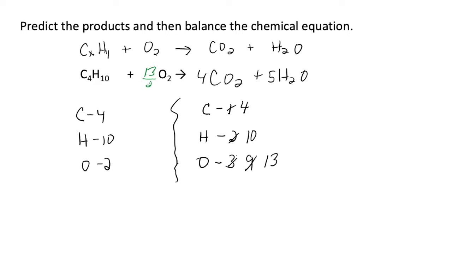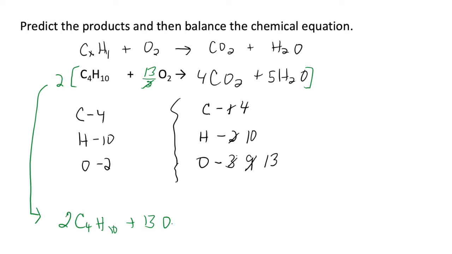Now, the next step to get rid of this fraction will be to multiply everything out by the denominator, which is 2. And I'm just going to write this new one at the bottom. So that will give us 2 butanes. This 2 will cancel out, which will leave us 13 oxygens.